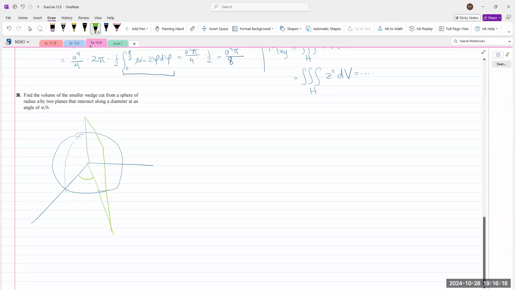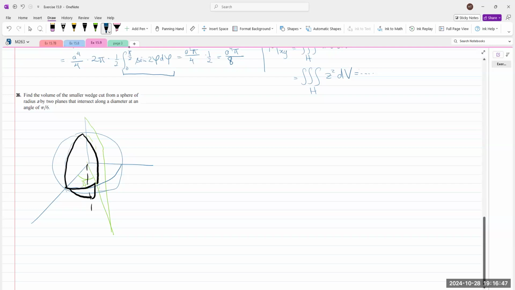The angle here is pi over 6. Okay, so we are talking about this solid here. But it's not only in the first octant, but also below that.